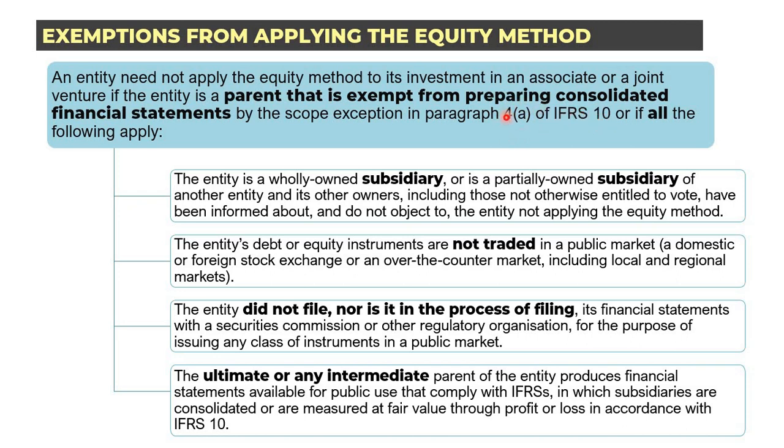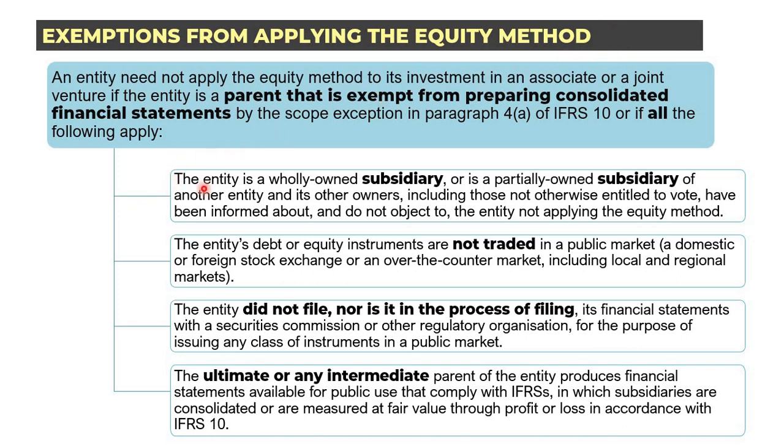So, itong topic na to will not be discussed here in our discussion. O kaya naman daw, or if all of the following apply. So, ibig sabihin, etong apat na requirements na to should be present in order for the entity to be exempted from applying the equity method.